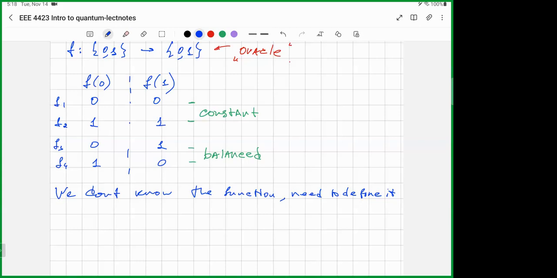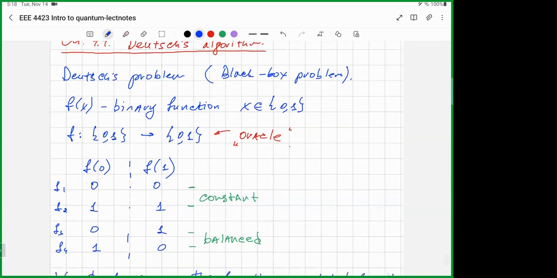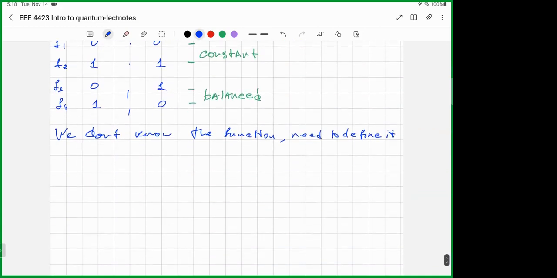And this Deutsch algorithm claims that we can define the type of this function, or the type of this coin, in a faster way, in a more efficient way.